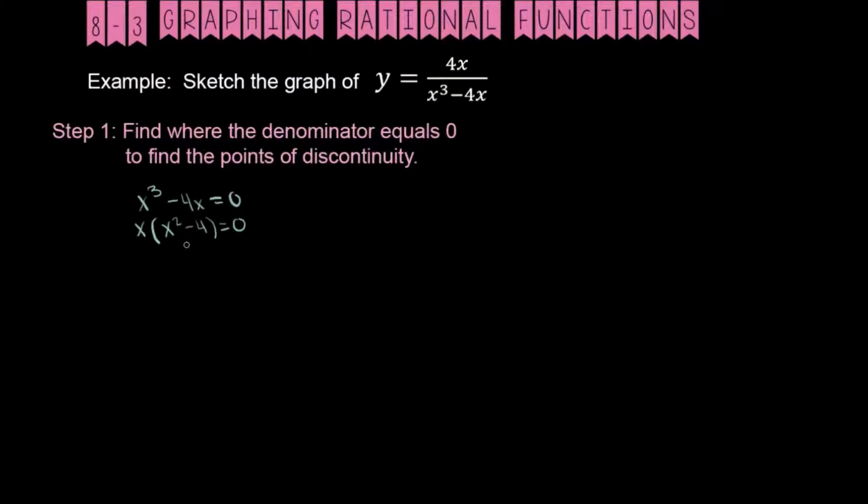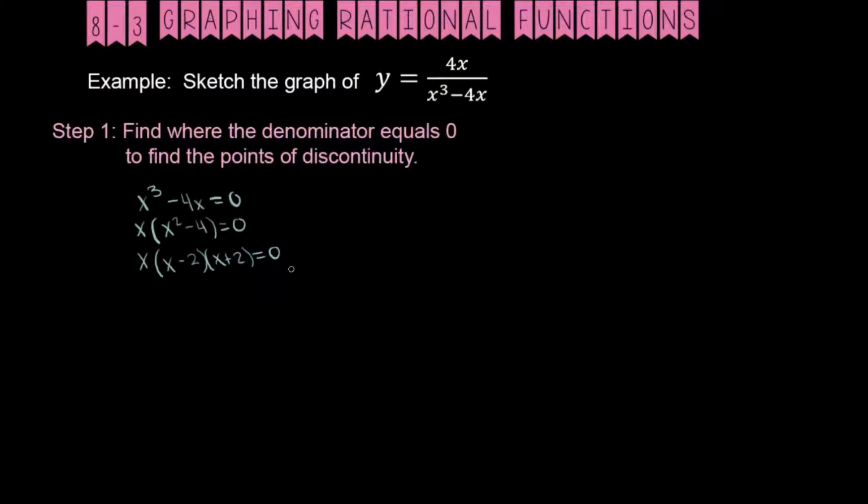Or we can think of this as being x squared plus 0x minus 4. So we want to think of something that multiplies to give us negative 4 and adds to give us 0. If we use a negative 2 and a positive 2, that will give us what we are looking for. So we can factor this as x times the quantity x minus 2 times x plus 2 equals 0.